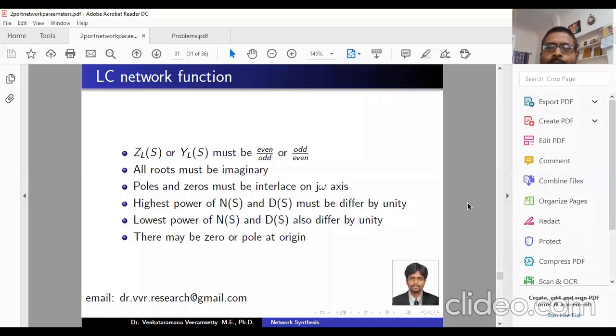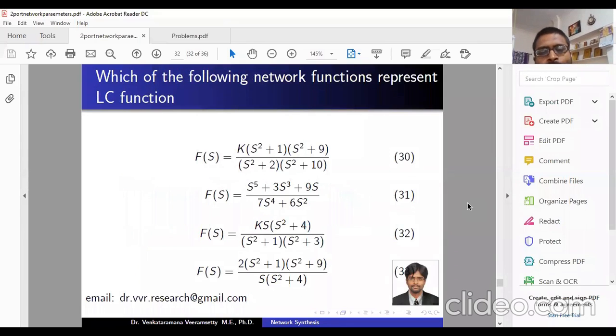So based on these properties, now we are going to do some exercises. So I am giving the 4 equations here. Now you have to respond whether each network function will represent the LC function or not. Now come to the first case.